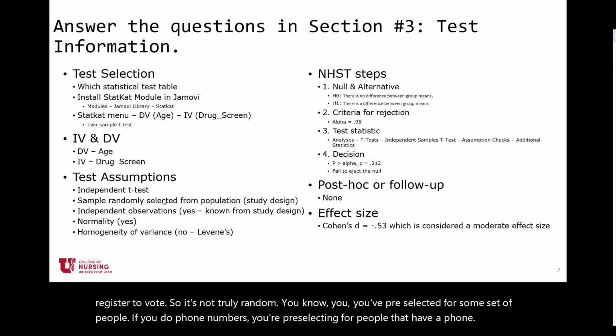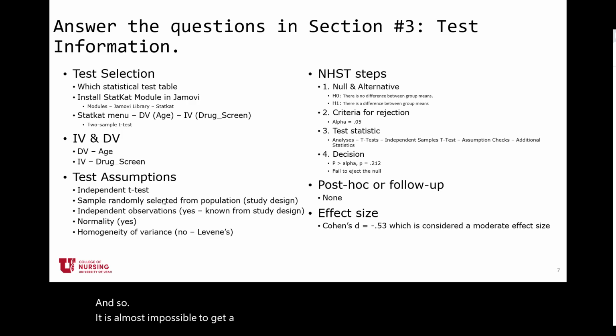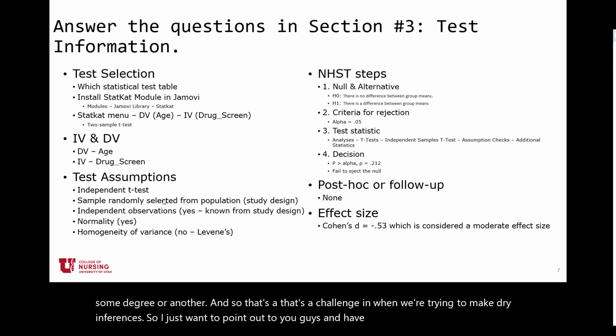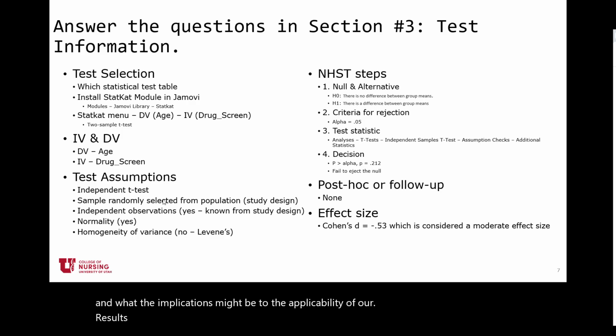And so it is almost impossible to get a truly random sample. So every statistical test violates this to some degree or another. And so that's a challenge when we're trying to draw inferences. So I just want to point that out to you guys and have you think about that a little bit, and what the implications might be to the applicability of our results to the inferences we can draw about a population.